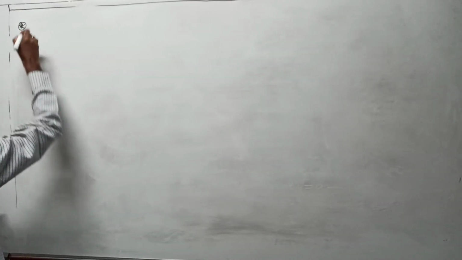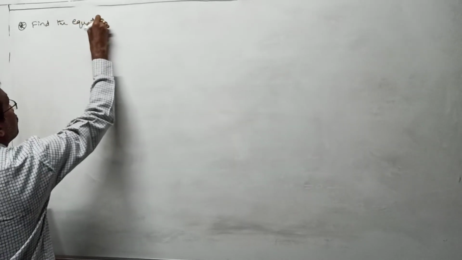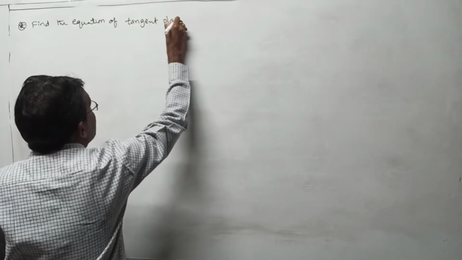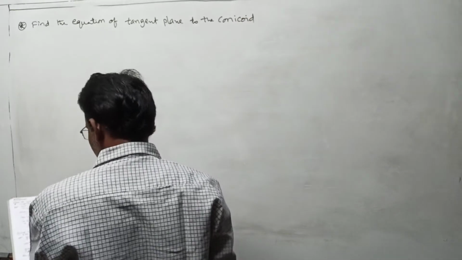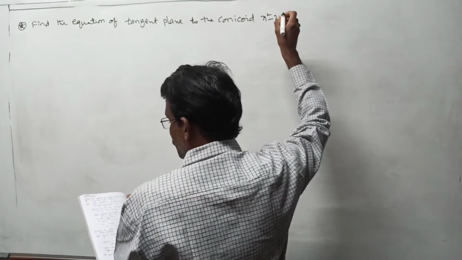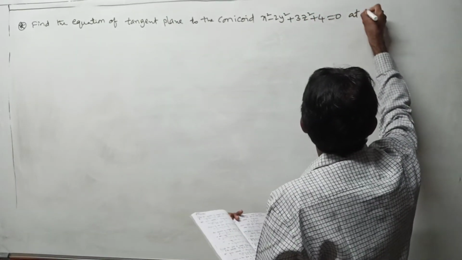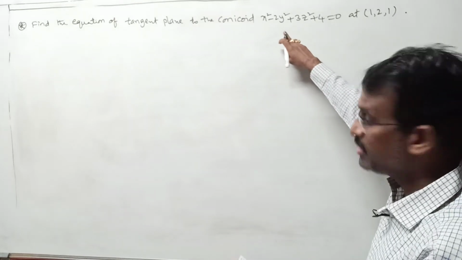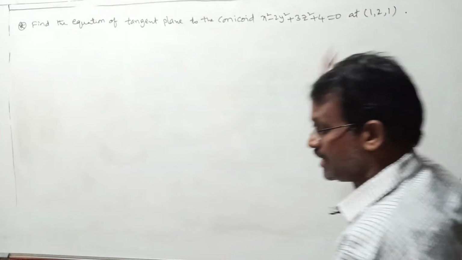Find the equation of tangent plane to the conicoid x square minus 2y square plus 3z square plus 4 equal to 0 at 1, 2, 1.